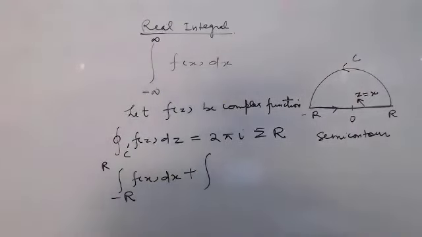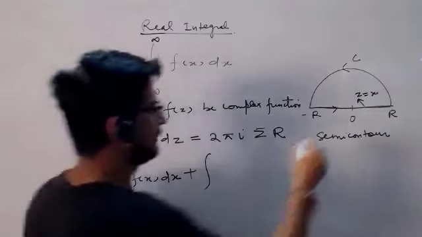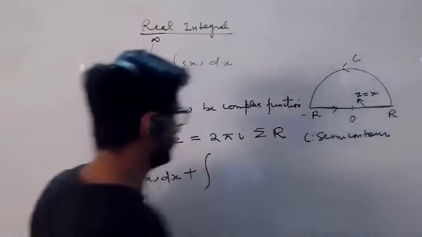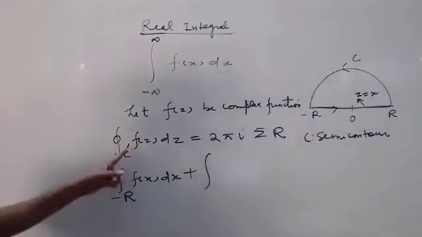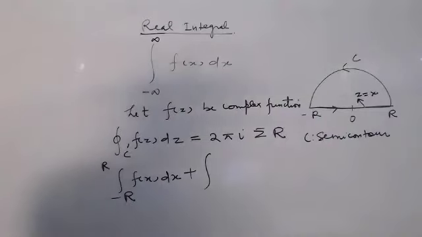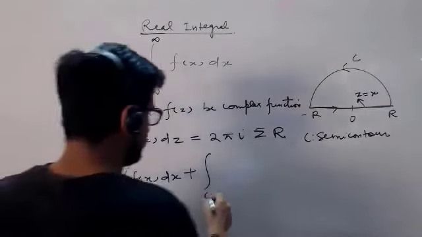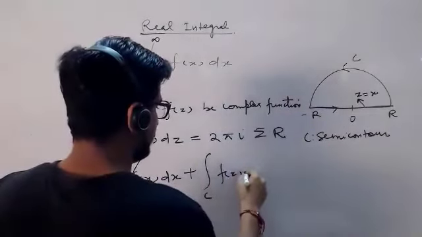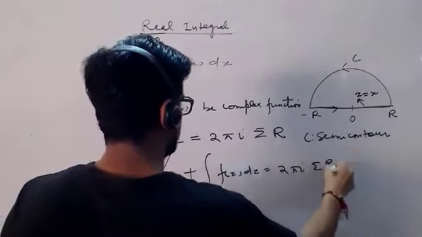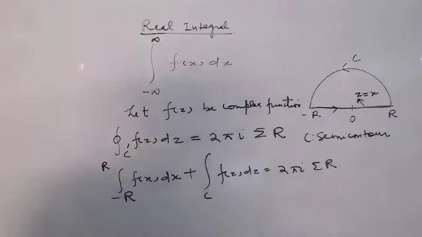This is the complete closed contour, and this C is just a semi contour. Okay, C is just a semi contour. So write C dash here, which is a closed contour, and C is just the semi contour. So it will be the integral over C of f(z) dz equal to 2 pi i times the sum of residues. Please see this. Everything is okay?